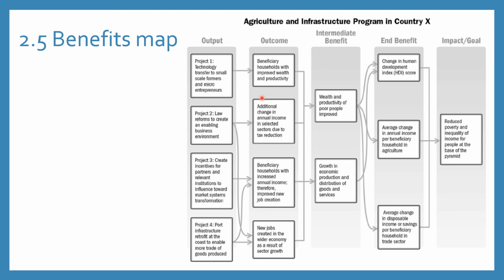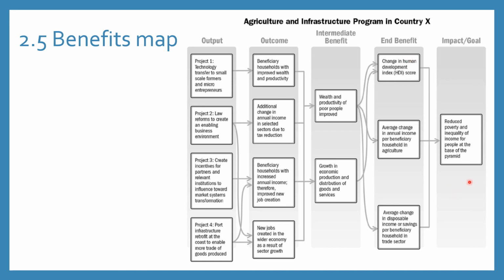So let's say there is an output: technology transfer to small scale farmers and micro entrepreneurs. What is the outcome? The beneficiary households with improved wealth and productivity. The intermediate benefit is wealth and productivity of poor people improved. The end benefit is change in human development index score, and it is connected to reduced poverty and inequality of income for people at the base of the pyramid.